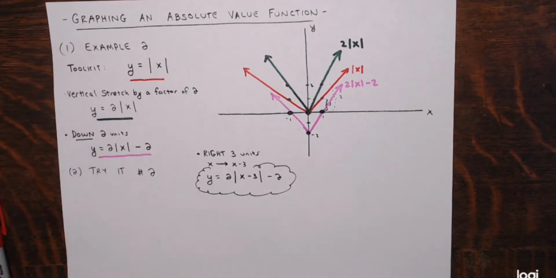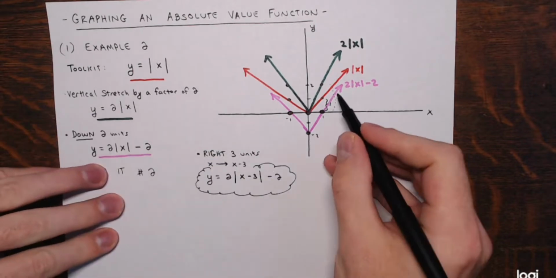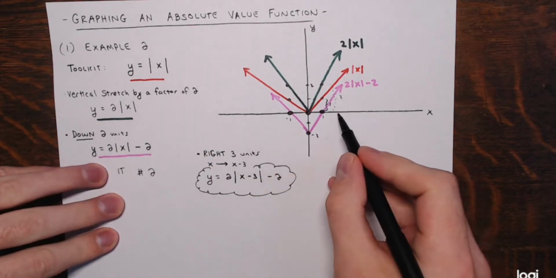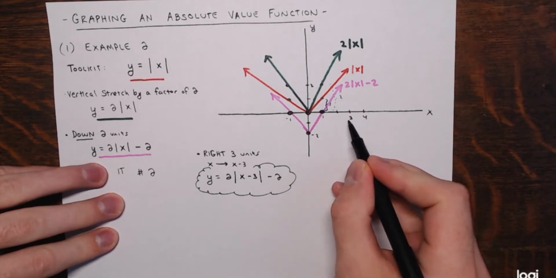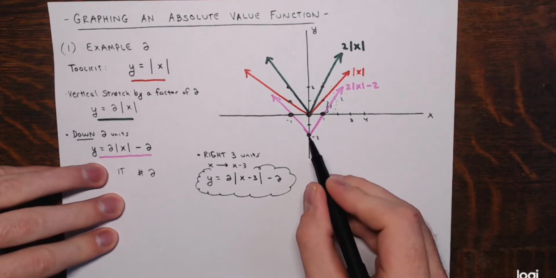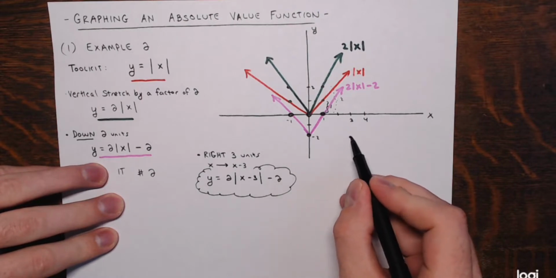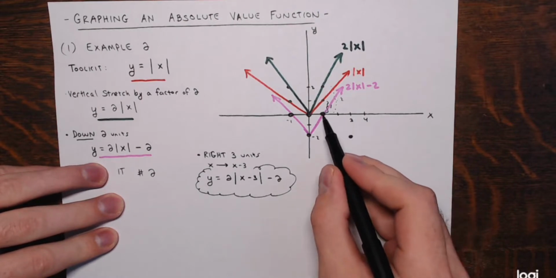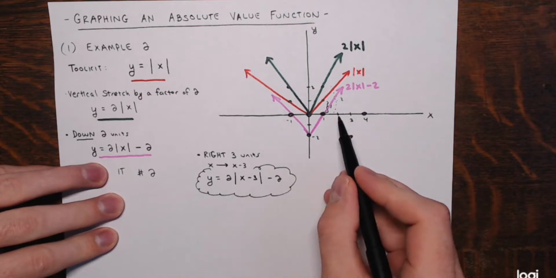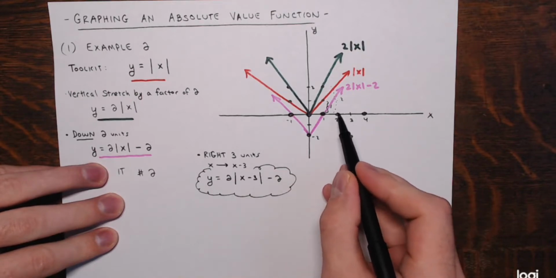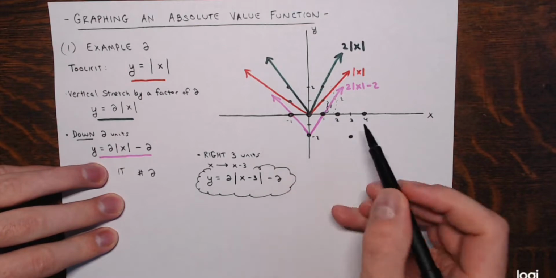Now let me actually draw it. If I move all the points on the pink graph to the right 3 units, (0, -2) moves to (3, -2), (1, 0) moves to (4, 0), and (-1, 0) moves to (2, 0).